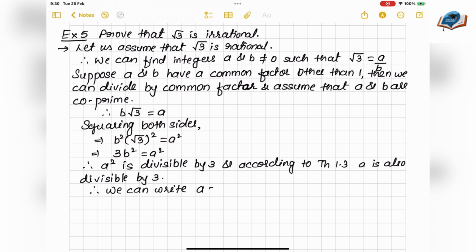Next example says, show that 5 minus root 3 is irrational. So let us assume that 5 minus root 3 is rational.